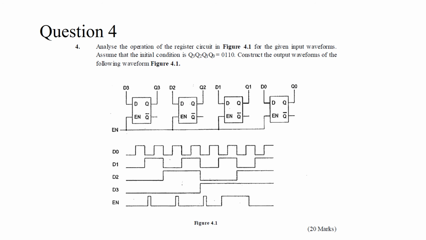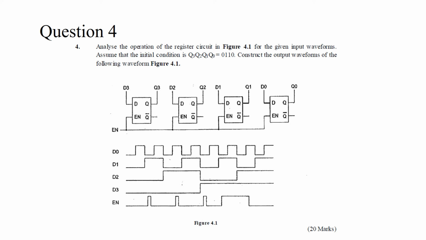Last, we go to question 4. In this question, we know that this is the D flip-flop with enable. We need to find the output waveform for each Q output. As we can see, we have 4 Q outputs, which are Q0, Q1, Q2, and Q3.